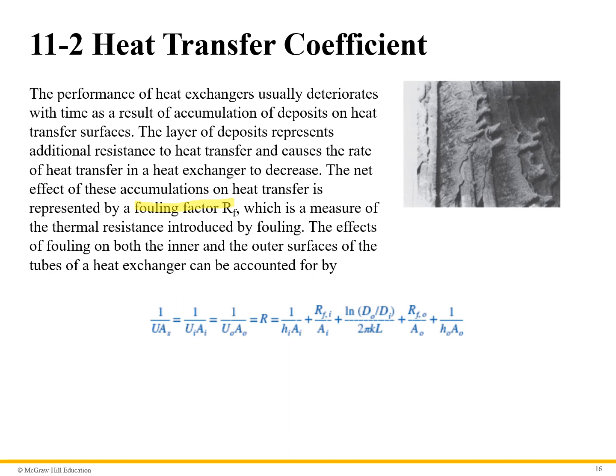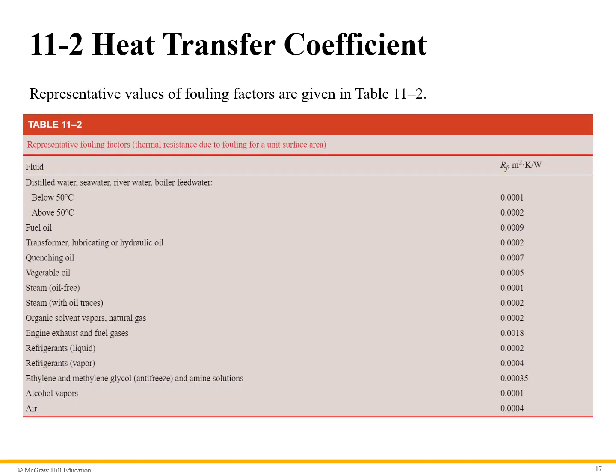The effects of fouling on the inner and outer surfaces can be accounted for by including them in the heat transfer coefficient equation we've shown below. So here you get two extra terms: a term for the inner surface and a term for the outer surface for the fouling coefficients. These fouling factors are given in table 11.2 for different fluids.